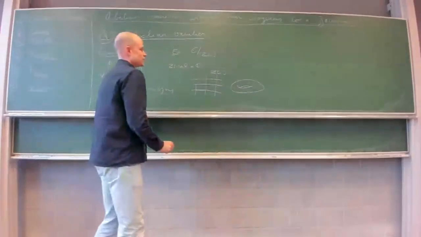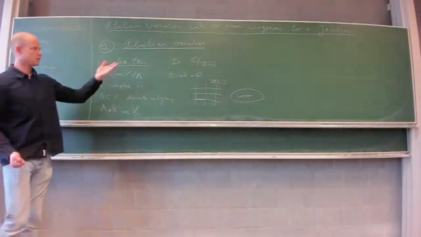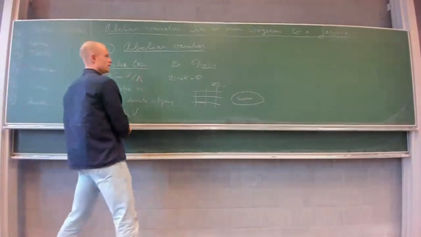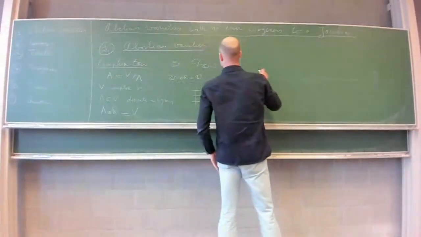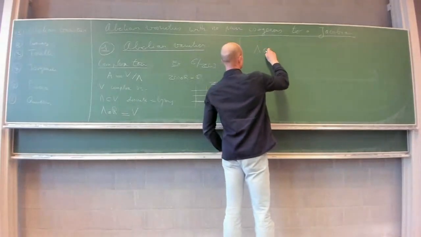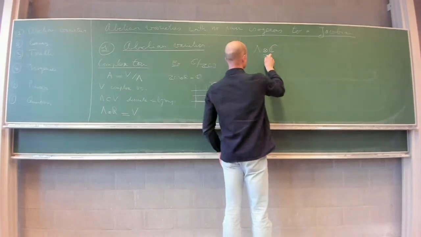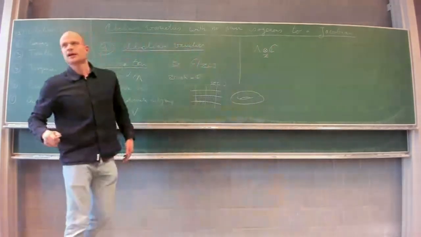Now there is naturally a so-called Hodge structure appearing here. We have a variety here. We can look at the decomposition of lambda tensor C. Okay, so what is this?